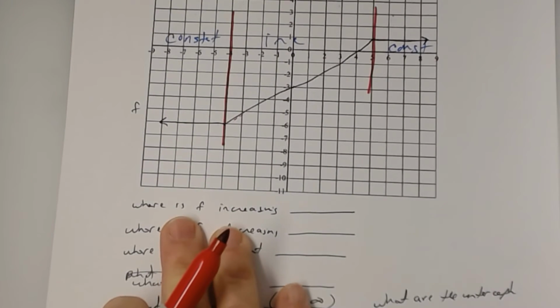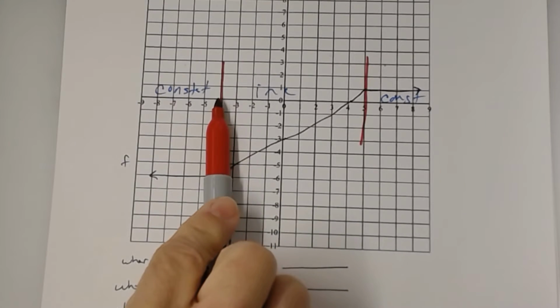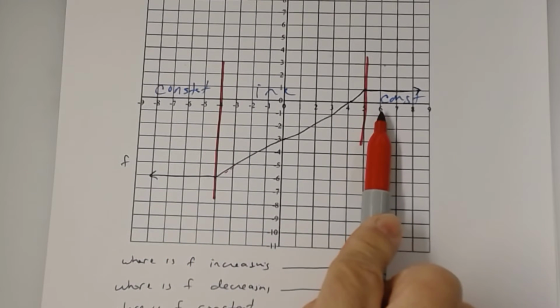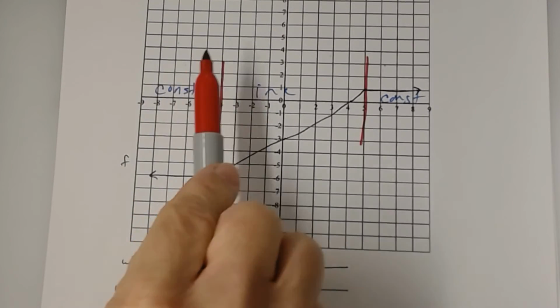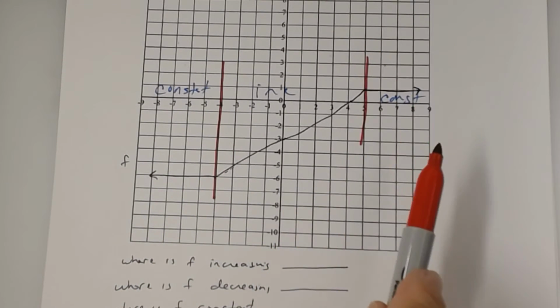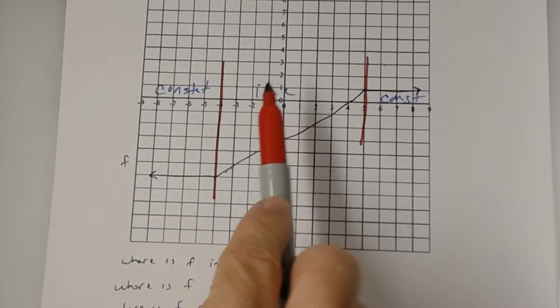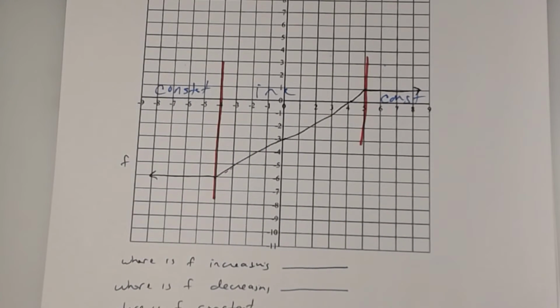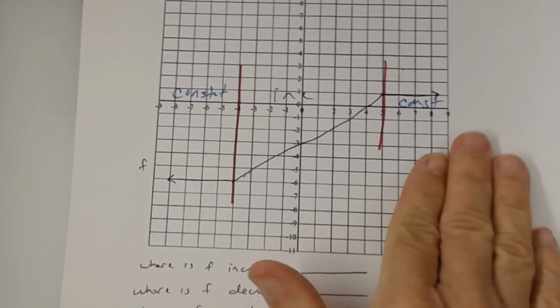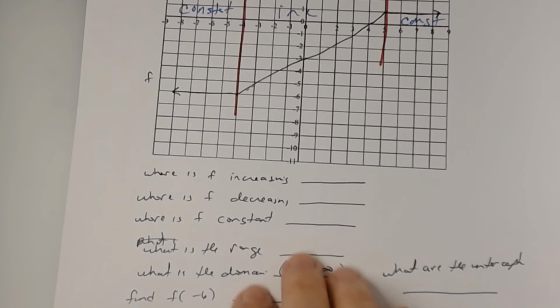So the first one, where is f increasing? From -4 to 5. Again, guys, it helps if you draw that red segment like I did to separate where it changes, and then write the words constant, increase, decrease on the x-axis. Because many students do have a little confusion with increasing, decreasing.